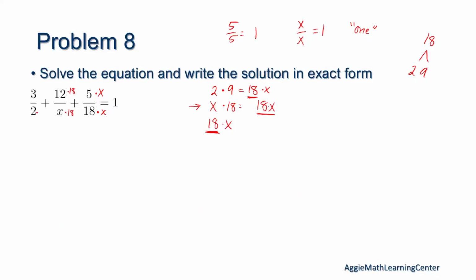On this one, we modified it with a 9 and an x, so multiply it by 9x. So we get 3 times 9x over 18x plus 12 times 18 over 18x plus 5 times x over 18x.